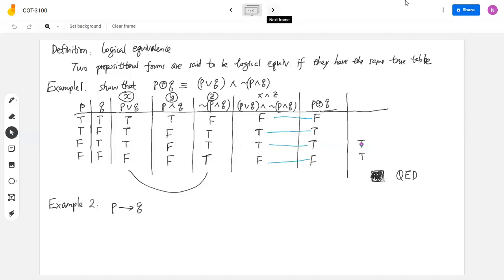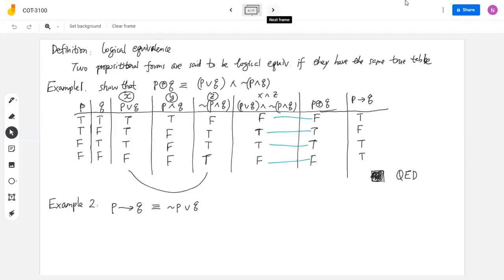And the first row is true also because both are true, and the second row is false for P implies Q. So what is this equivalent to? I think it's very easy to check. It is not P or Q. If P is false, then automatically it's true, because this is by default.